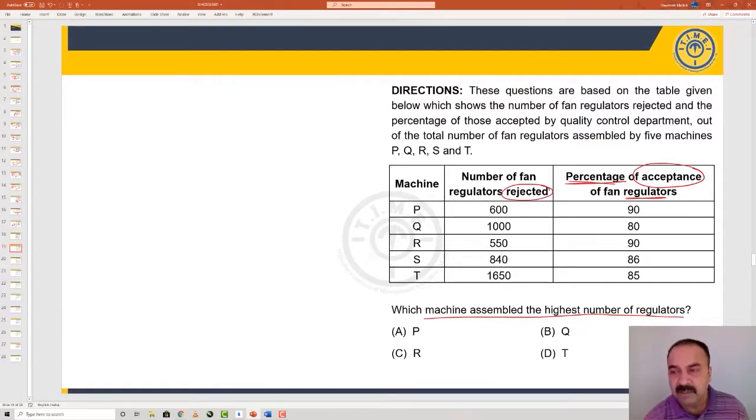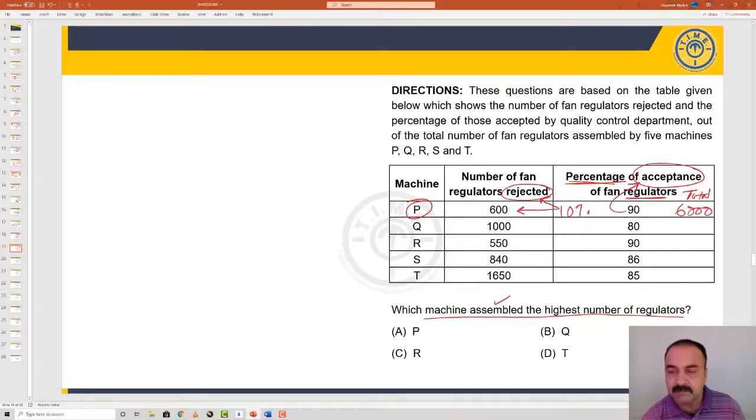If 90% is acceptance for the first machine P, 10% is rejection out of 100%. So if 10% is 600, then the total assembly is 600 into 10, which is 6000. This is the total assembled, out of which 90% was accepted and 10% was rejected.